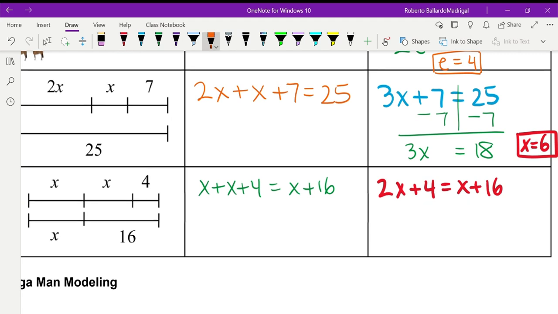Now we're going to do that step like how we did earlier, where you can subtract the amounts. If you have the same amount on one side and the other side, you can actually take it away. I'm going to take away 1x from the left and 1x from the right, and that's going to leave me with x plus 4 equals 16.